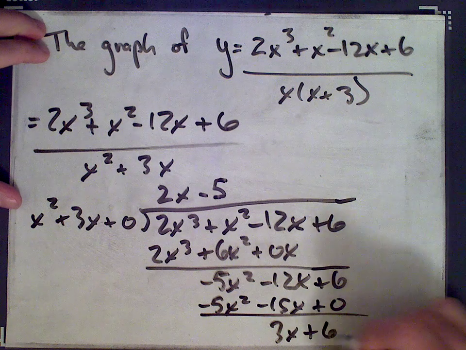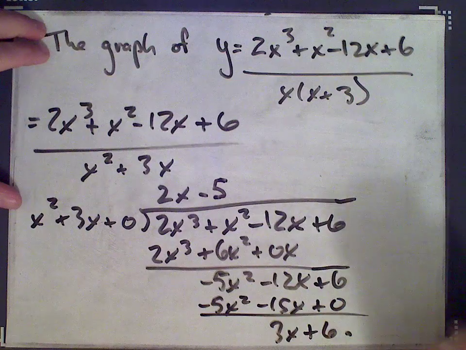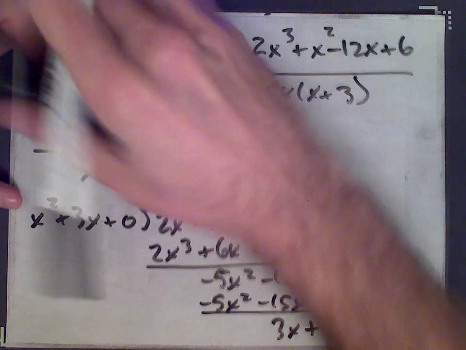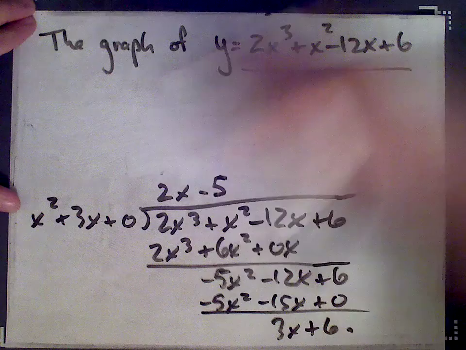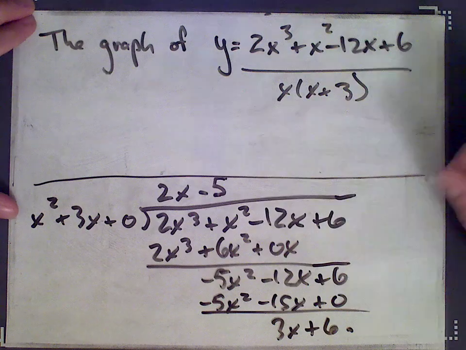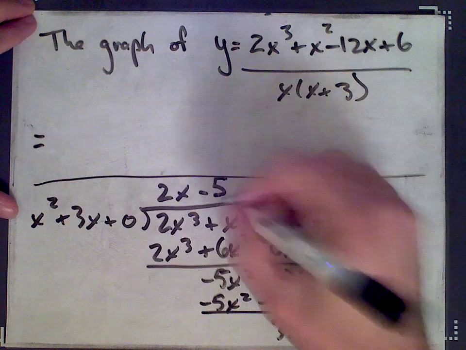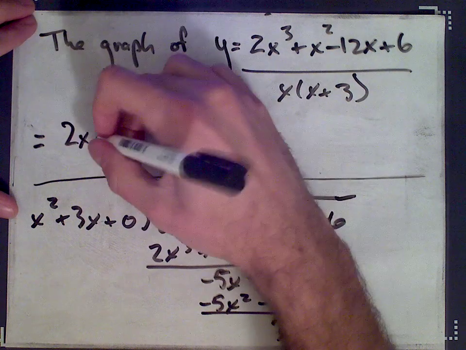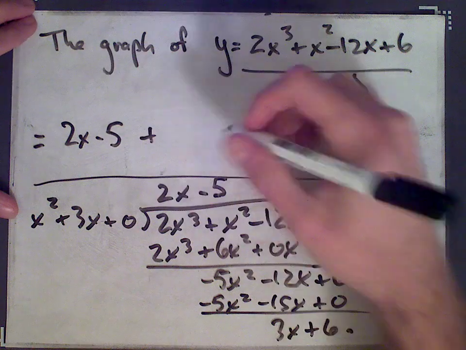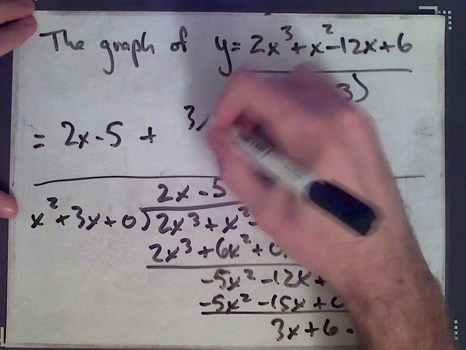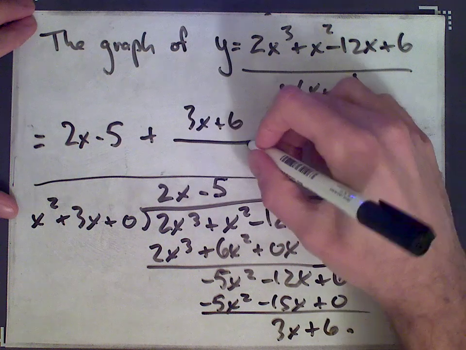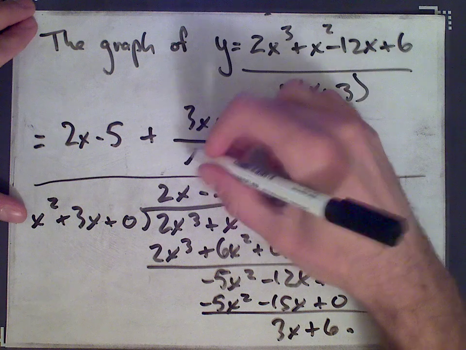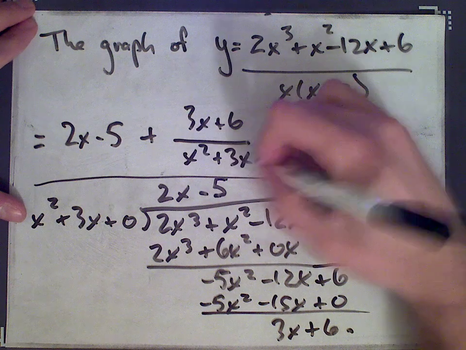So we get 3x plus 6 there. Which means we can rewrite our function as the quotient, 2x minus 5, plus the remainder, 3x plus 6, divided by what we were dividing by, that's x squared plus 3x.